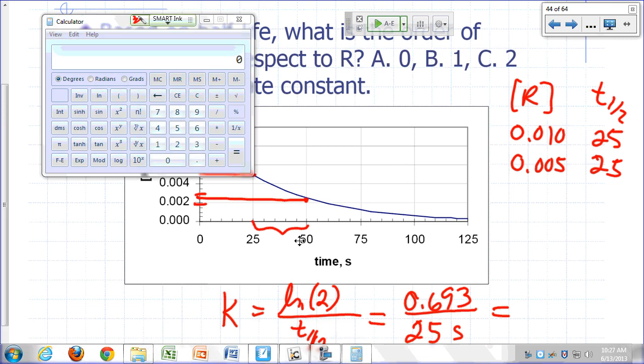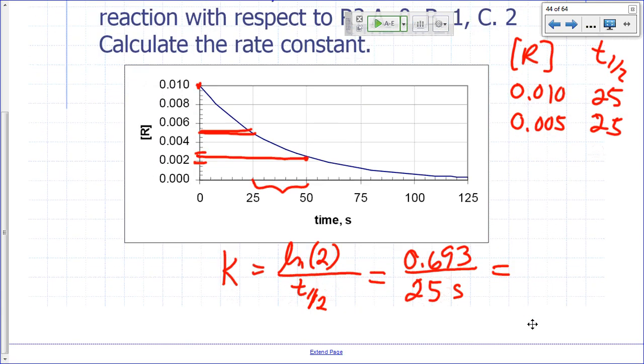By the way, if you want to know what ln of 2 is, take ln of 2, that's 0.693, okay? So ln of 2 is 0.693 divided by 25 seconds, that's 0.0277, 0.028, okay?